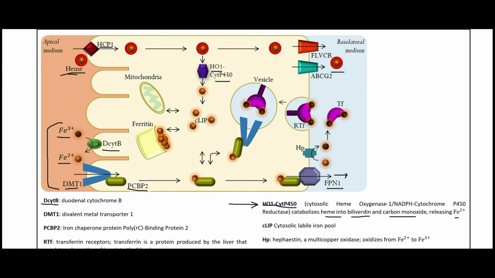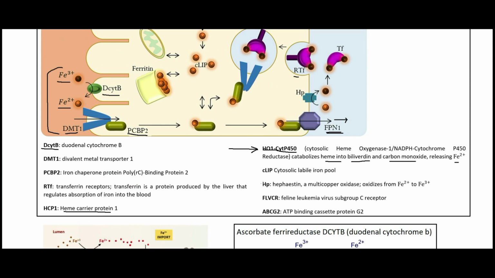Up here we have this happening with the FLVCR and the ABCG2 with the heme. Down here it primarily happens with this FPN1 right here. Then there is this TfR here, which is the transferrin receptor. Transferrin is a protein that's produced in the liver that regulates absorption of iron into the blood.